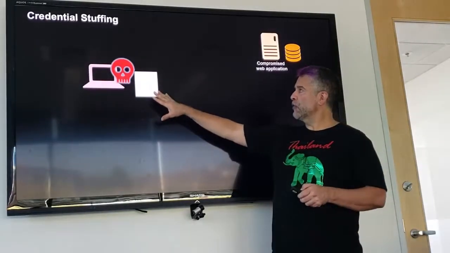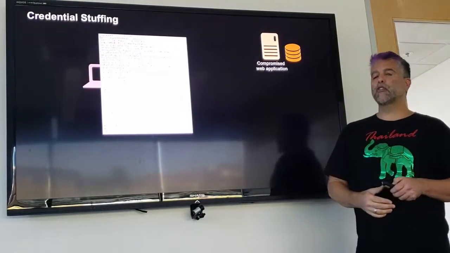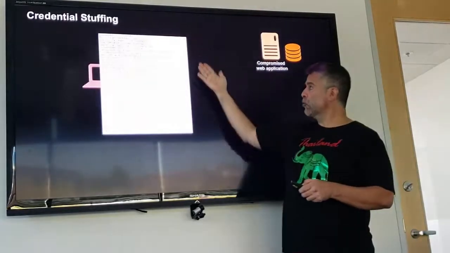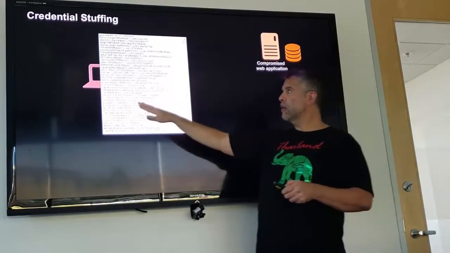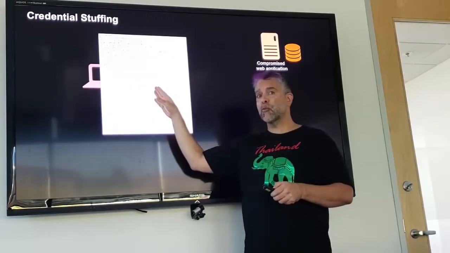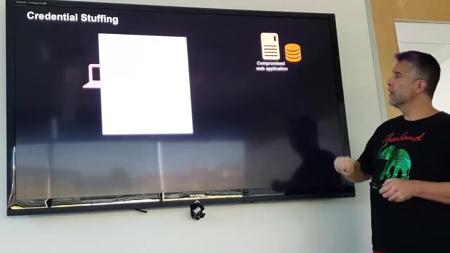So let's take a look at what this looks like when they get this list of leaked credentials. This is essentially just a data dump. Could be extremely long, this data dump. And all it is is all of the usernames and passwords of the users from this compromised site.